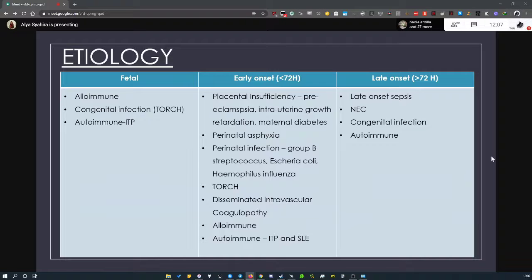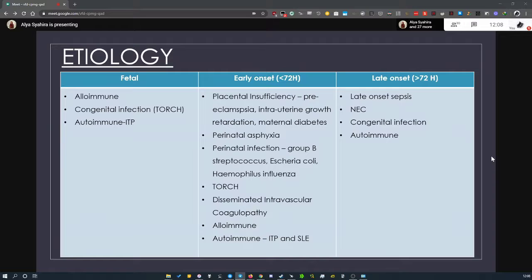So the etiology can be classified into fetal, early onset and late onset. Fetal is when it happens during the pregnancy itself, and can be caused by autoimmune causes, congenital infection, or maternal autoimmune causes like ITP of the mother. Early onset means it occurs within 72 hours of life.